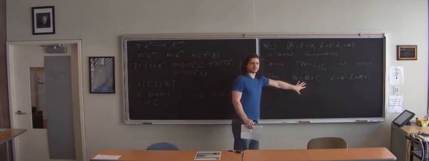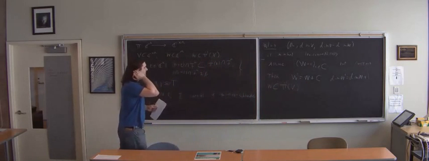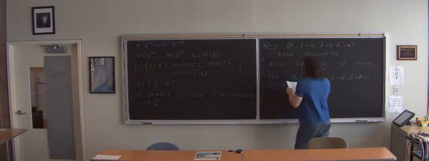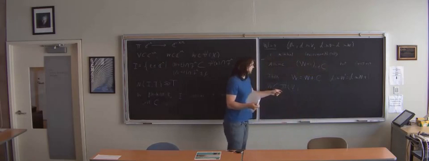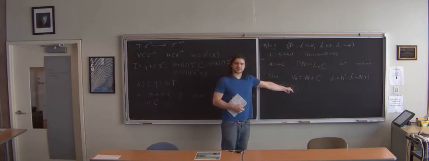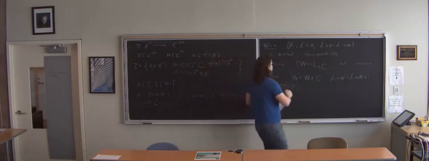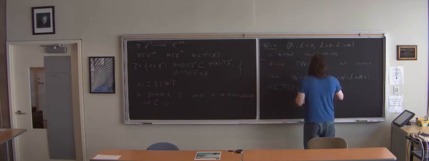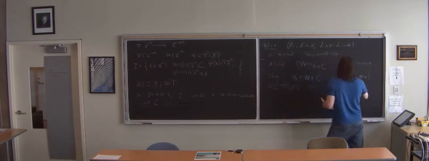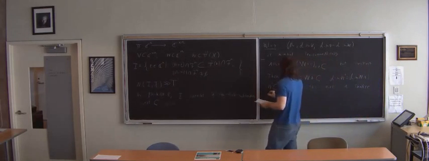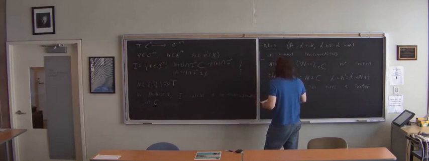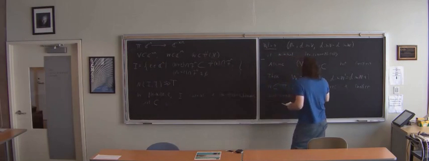This makes sense, everybody? Moreover, there can't be a special subvariety between W prime and V, because then it would certainly be between W and V. Okay, so this gives a smaller counterexample, contradicting the minimality assumption.